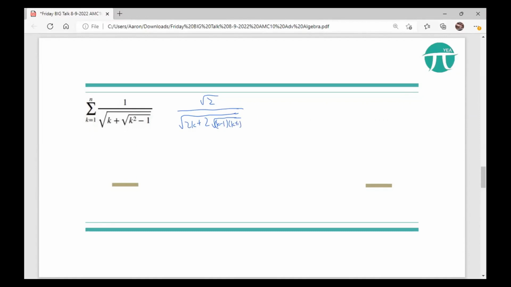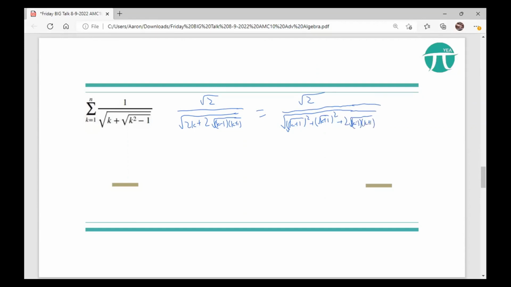And so this is just equal to the square root of 2 over the square root of k minus 1 squared plus the square root of k plus 1 squared plus 2 times the square root of k minus 1, k plus 1.